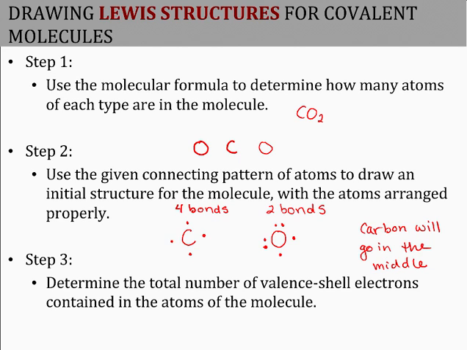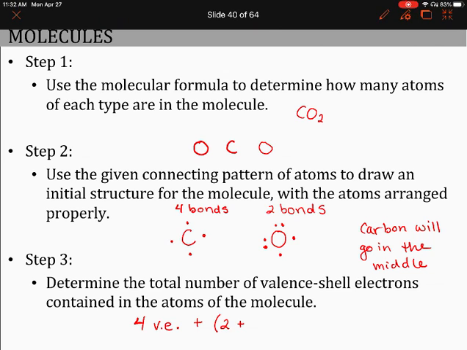Now in step 3, determine the total number of valence shell electrons contained in the atoms of the molecule. So we said carbon has 4 valence electrons, which I'll abbreviate VE. And then each oxygen has 6 valence electrons. So I'm just going to multiply 6 by 2.